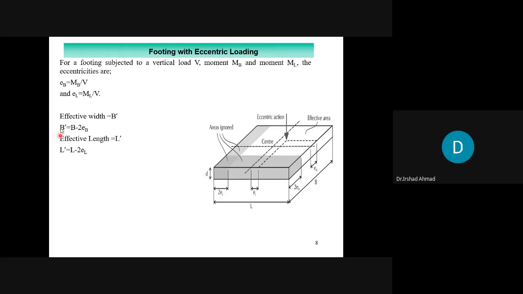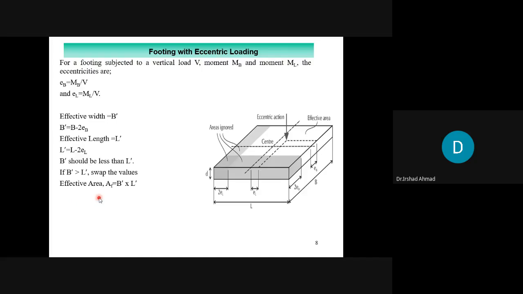So B prime should be less than L prime. If the value of B prime is greater than L prime, then you have to swap the values. That means you assign the least value to B prime and the greater value to L prime.